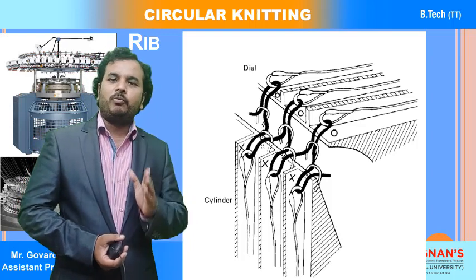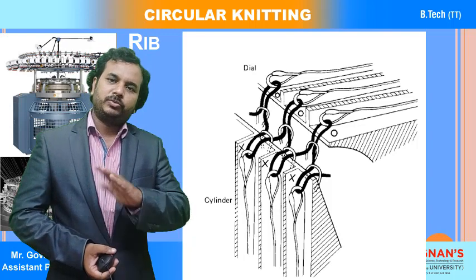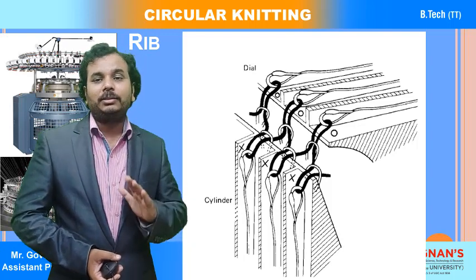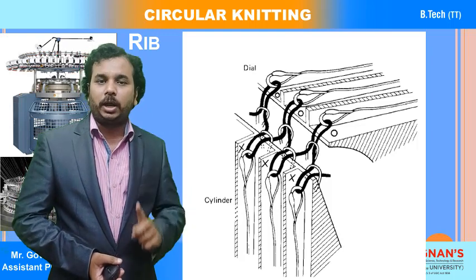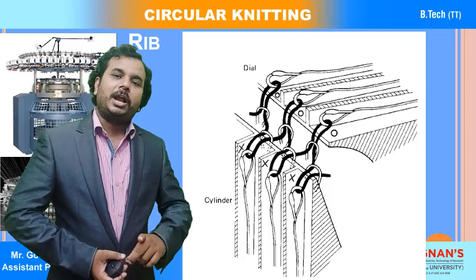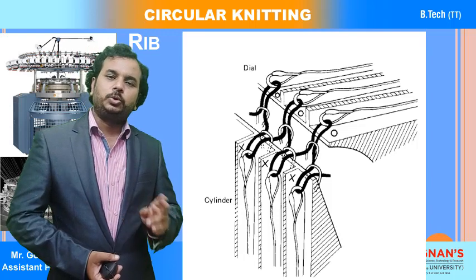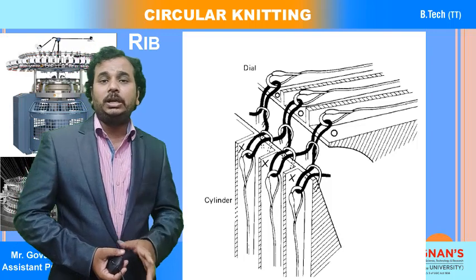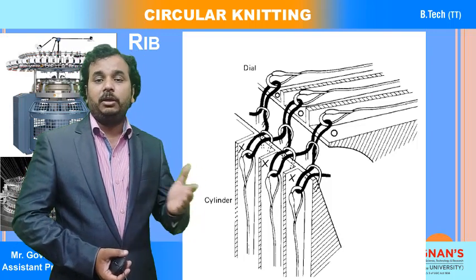If you have a 1 into 1 rib structure and you rotate the fabric from face to back to face, it can appear the same. This is particularly the 1 into 1 rib category, and also equal categories like 2 into 2, 3 into 3, 4 into 4.